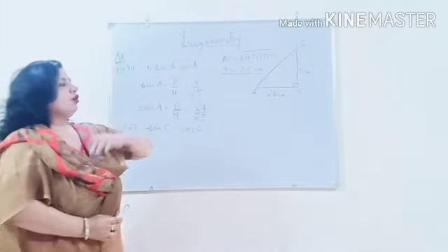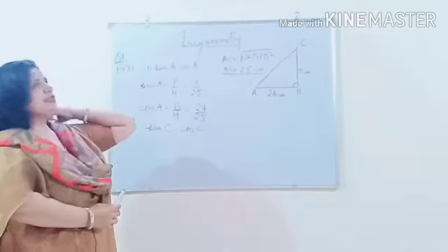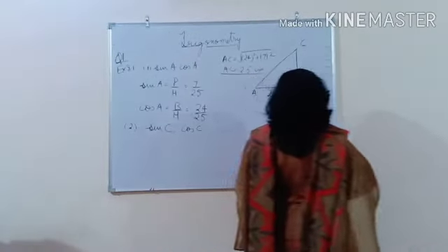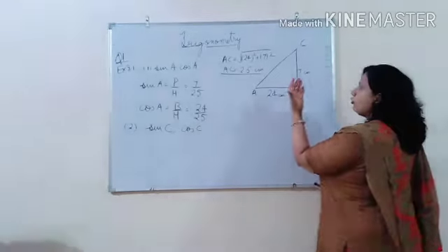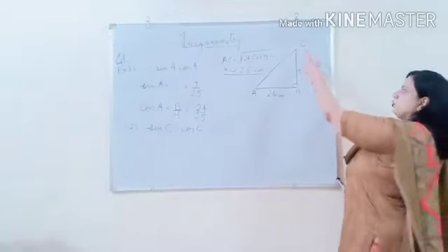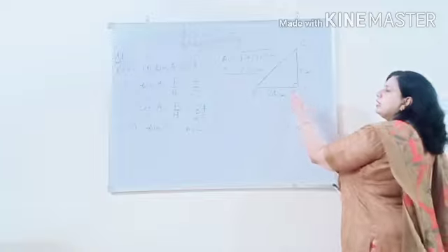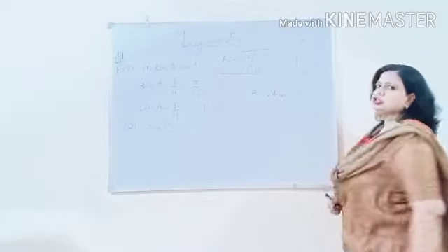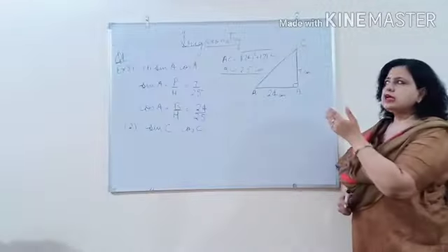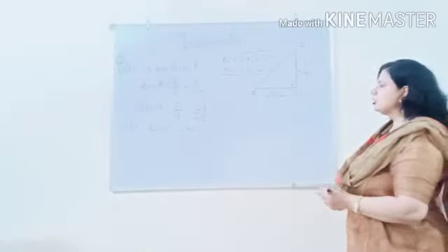You have to find them now for angle C. When you look at angle C, either you draw a different figure for this, or you can assume this as the base and this as the altitude. BC will become the base and AC will be the altitude.